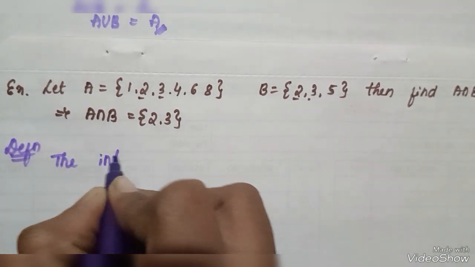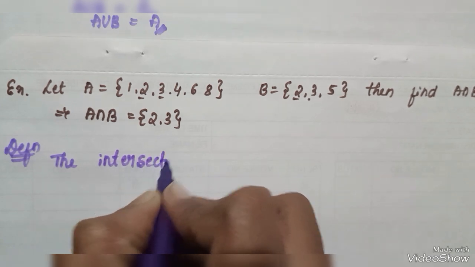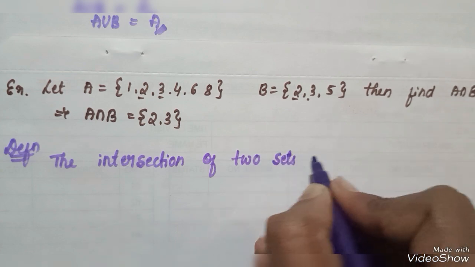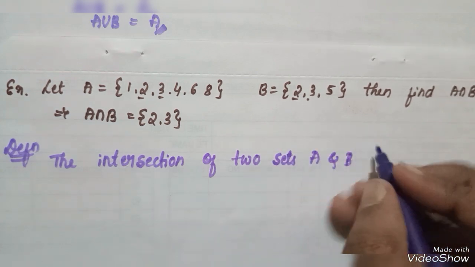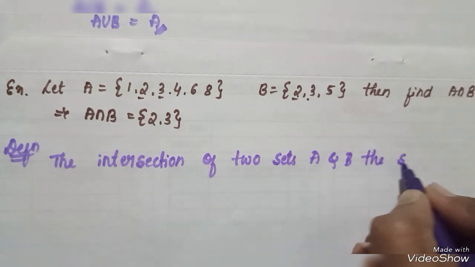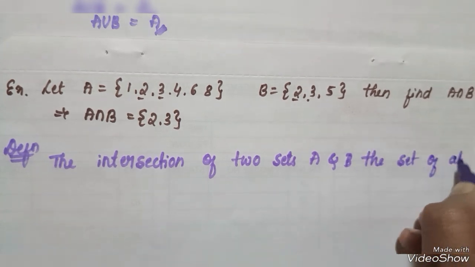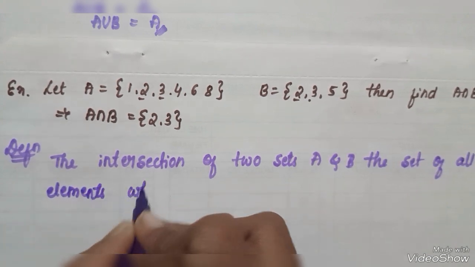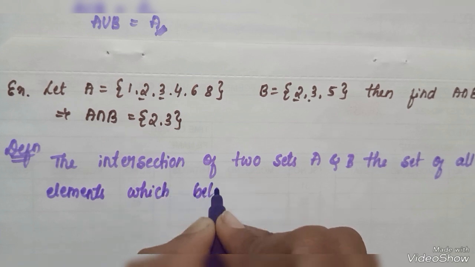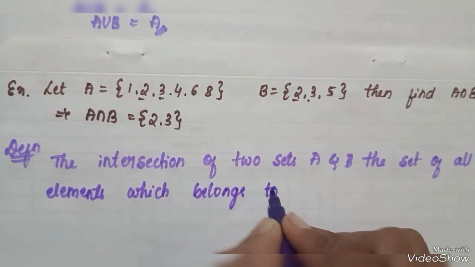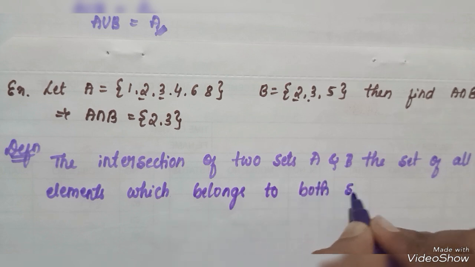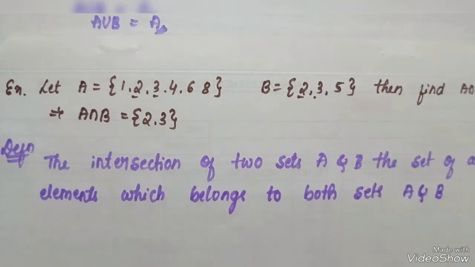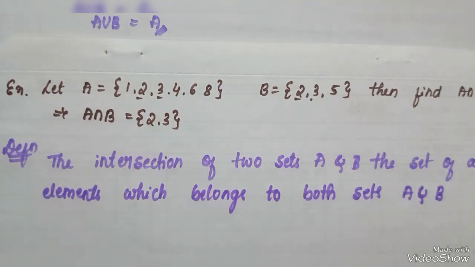The intersection of two sets A and B is the set of all elements which belong to both sets A and B.